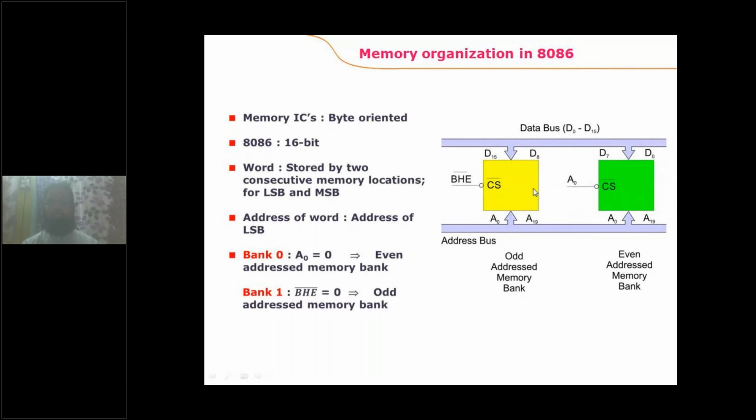The remaining address lines of the 8086 microprocessor are decoded, and the decoded signal along with BHE bar and A0 is used to select the memory chips. So for the 8086 microprocessor there are 20 address lines, and in order to locate a respective location of the even bank or odd bank, not all the 20 address signals are used. Only a few of the address signals are used to locate the address of the odd bank or the even bank.